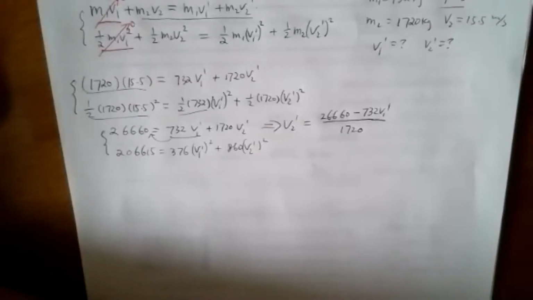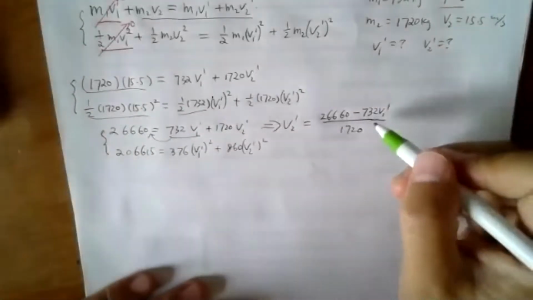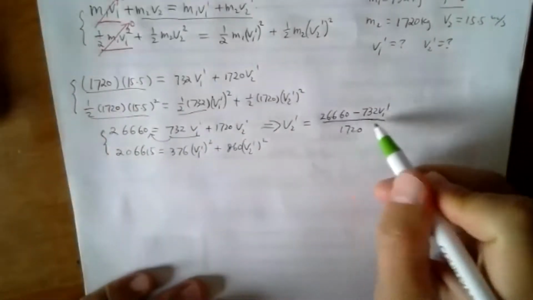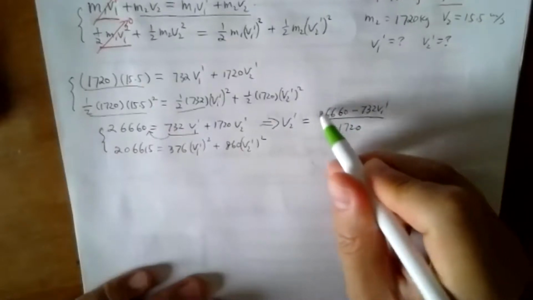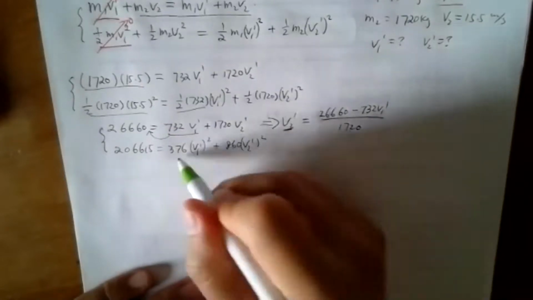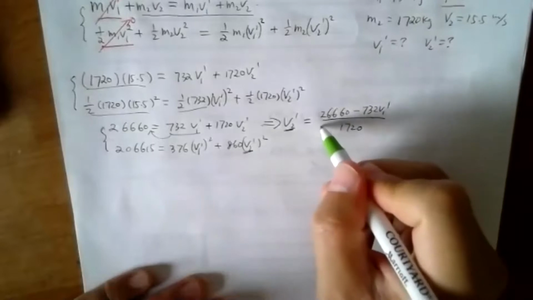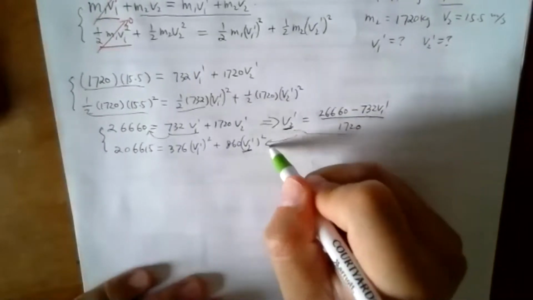Let me stop sharing so you might be seeing a larger view. So then you'll be replacing this here in the second equation with this expression. Take this expression here.